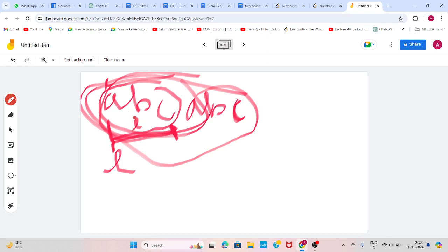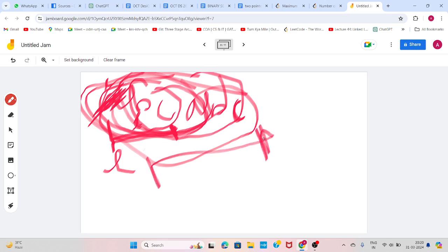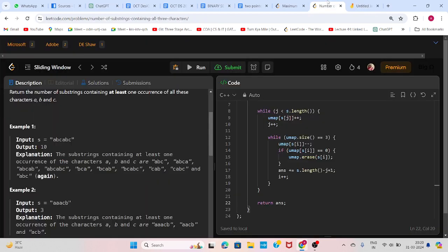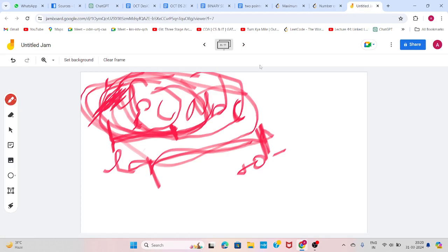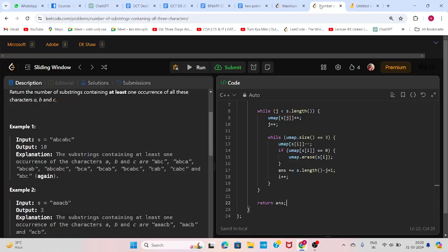But before moving the i pointer, we will remove this occurrence, and then we will move the i pointer. Now the subarrays will be this, this, and this one, and we will calculate the number of subarrays by doing total length minus j plus 1. So simple, this is a simple question.